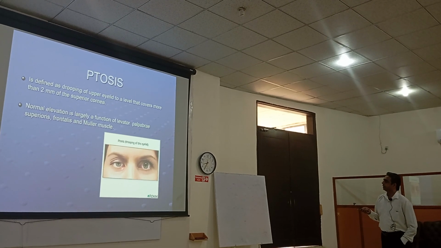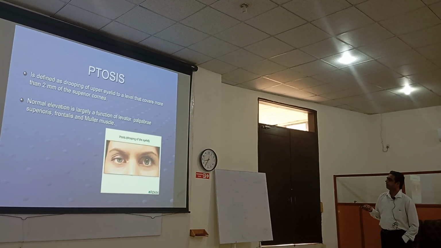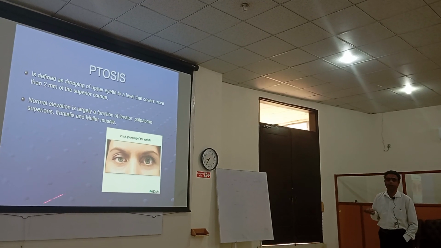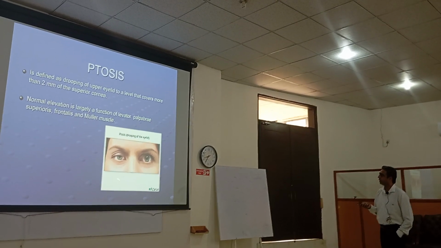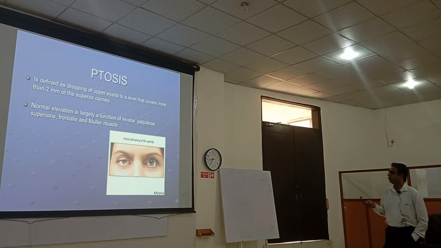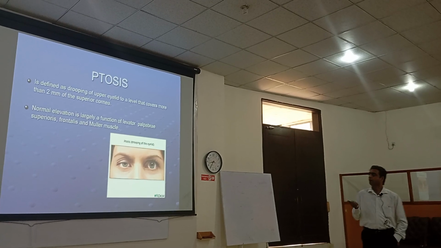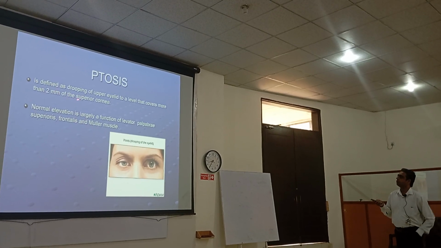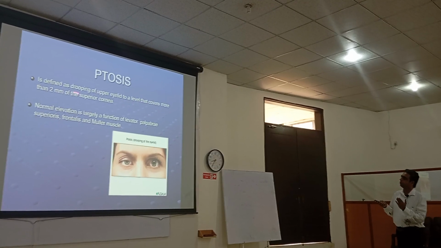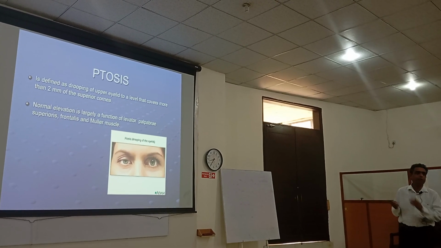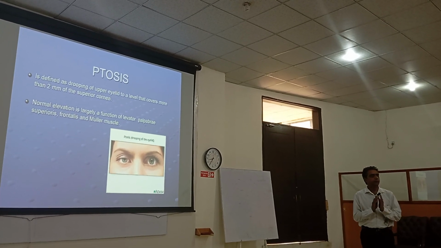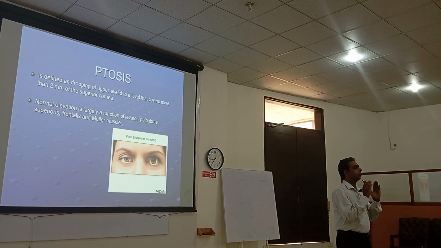As you can see in this picture, there is a significant difference in the symmetry of the two eyes. The right eye looks smaller because the upper eyelid is fallen or drooped. Ptosis is defined as drooping of the upper eyelid to a level that covers more than 2 mm of the superior cornea. Normally, the upper eyelid covers 2 mm of the cornea.